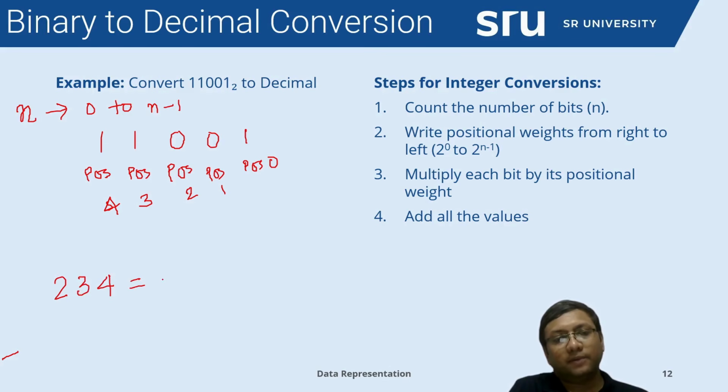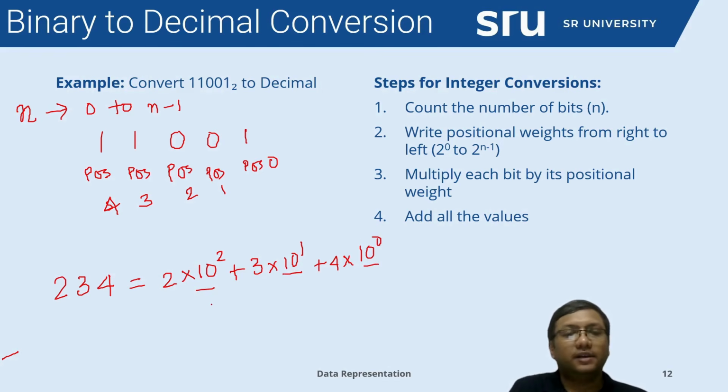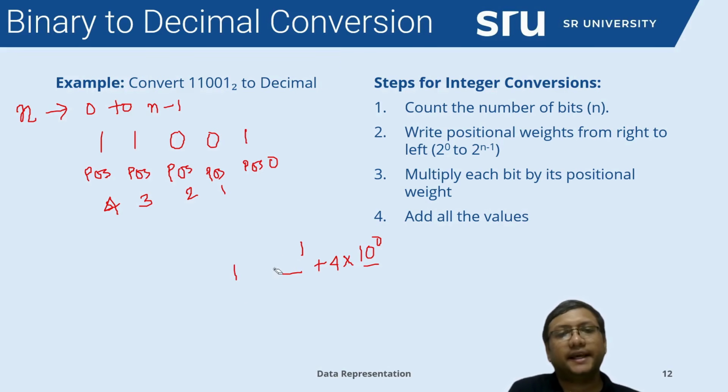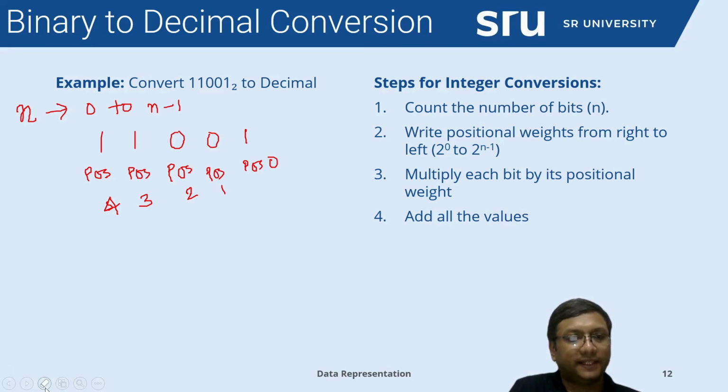What we did, we multiplied 2 with 10 square, 3 with 10 to the power 1, and 4 with 10 to the power 0. So these 10 square, 10 to the power 1 and 10 to the power 0 are actually called the weights of the position. Okay. Now similarly for binary also, the weights need to be calculated, but this time as the base is 2, the weights will look like this.